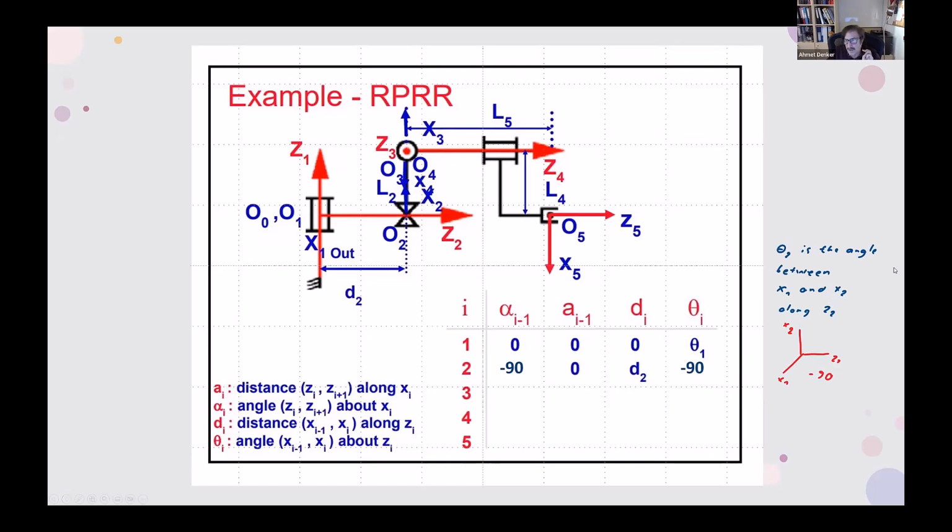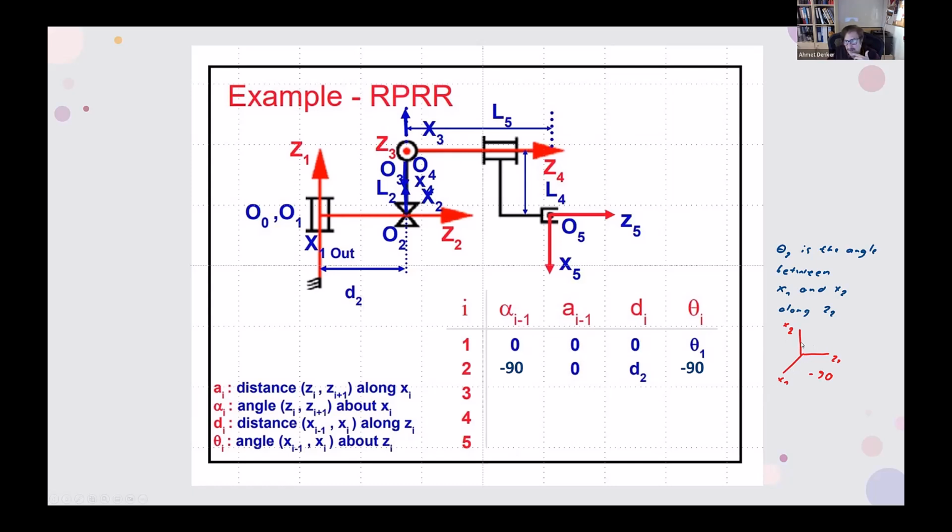Theta 2 is the angle between x1 and x2 along z2. Between x1, which is in this direction, which is out, so this is x1, and x2, you see here, x2 is in this direction.